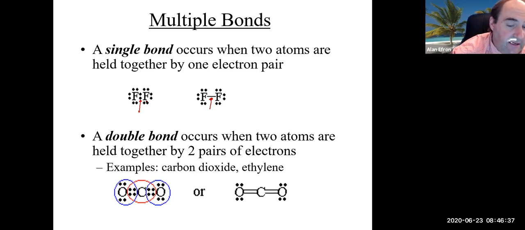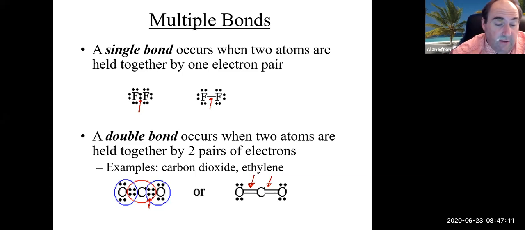When we make a double bond, that is the sharing of 2 pairs of electrons, and that's represented by 2 lines. So in the case of CO2, it actually has double bonds on both sides. And each of these double bonds is represented by 2 lines. Each of those lines represents, again, a pair of electrons, which we see here. That means that for those 2 lines, there would be 2 pairs of electrons being shared, or 4 total electrons being shared between them.